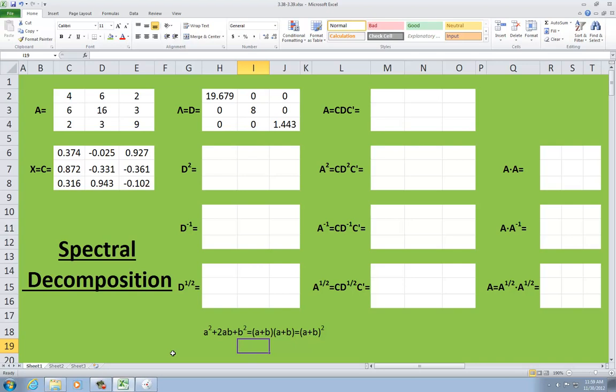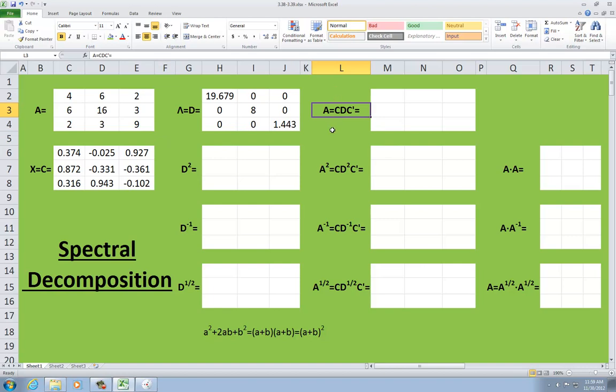So let's consider the matrix A that was used for the previous video. We're going to have a 3x3 matrix with the values of 4, 6, 2, 6, 16, 3, 2, 3, 9. The fundamental equation for spectral decomposition is this one right here in cell L3.